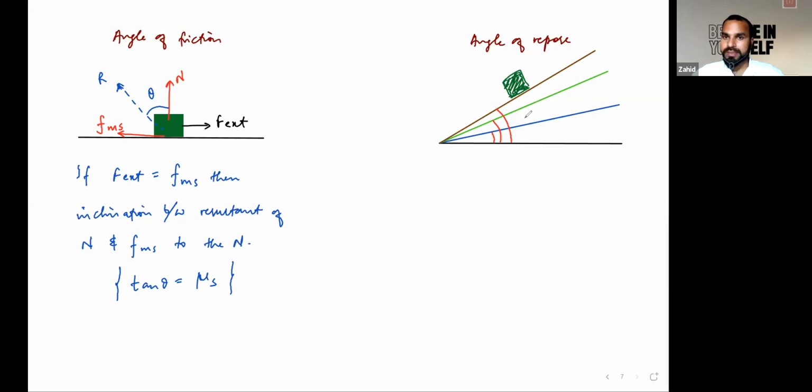So what it actually means, let's say this particular maximum inclination is phi. If you break the components, it will be mg sine phi along this direction, and mg cos phi along this direction. So there will be normal reaction along this. It must be experiencing a maximum static frictional force along this direction.